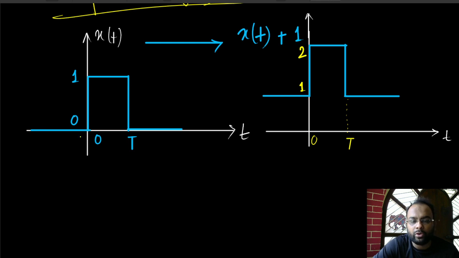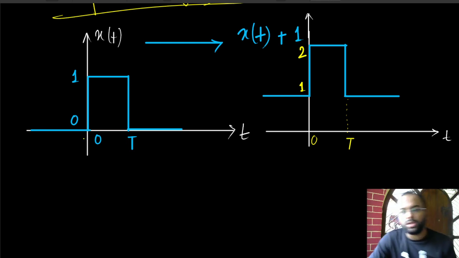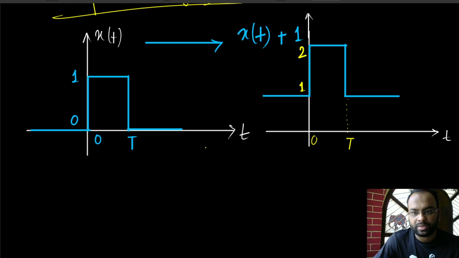So at time t equal to 0, the signal jumped from 0 to 1, and now at time t equal to 0, the signal jumped from a value of 1 to 2, right? And it stayed at 2 like it was staying at 1, and then it went back to 1 like it went back to 0 here, right? So it's an amplitude shift operation, right? Very simple.